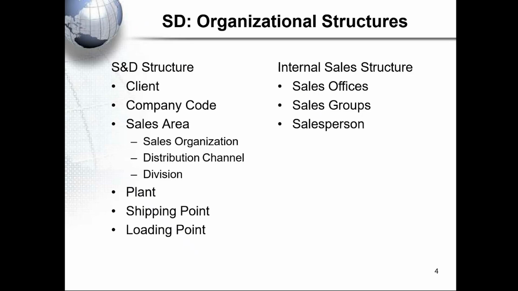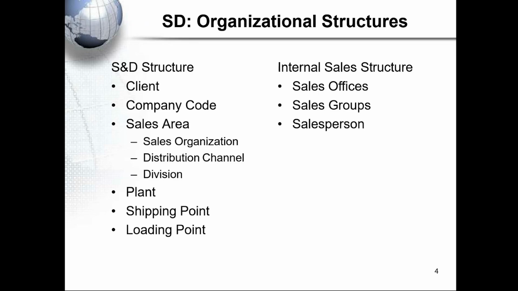In the sales and distribution module, we have to understand the sales organization, distribution channel, division, sales office, and sales group. Other areas like client and company code are part of the finance module, plant comes under material management, and shipping point and loading point come under logistics execution.